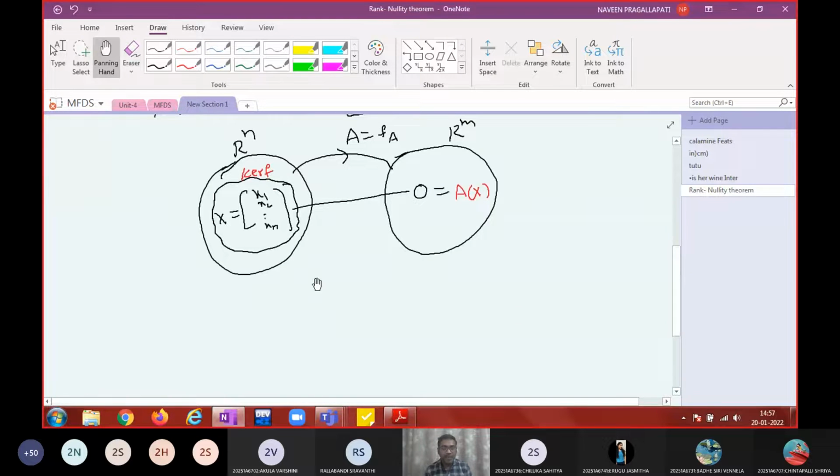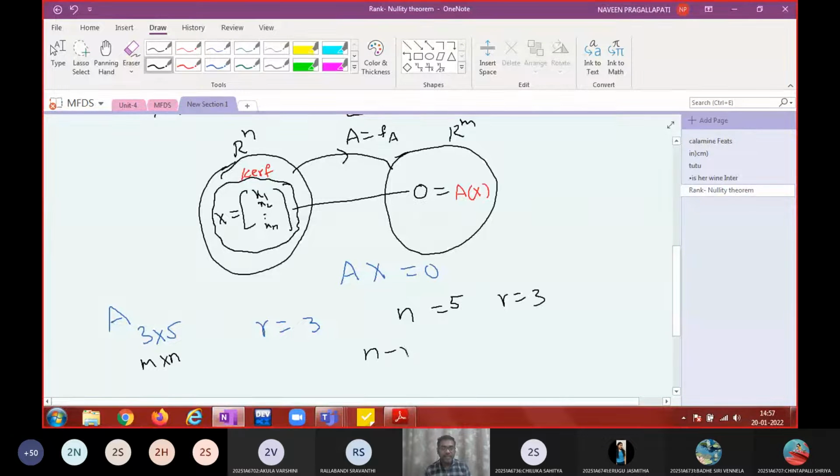You remember? Suppose there are n variables. Suppose Ax equal to 0. Suppose A is a 3 by 5 matrix, and let us say r equal to rank 3. Then what do you mean by n minus r? What is n here? M by n means what? N equal to 5, r equal to 3.